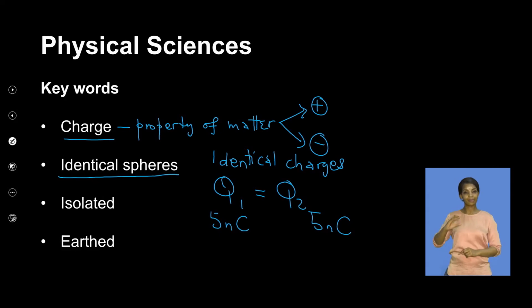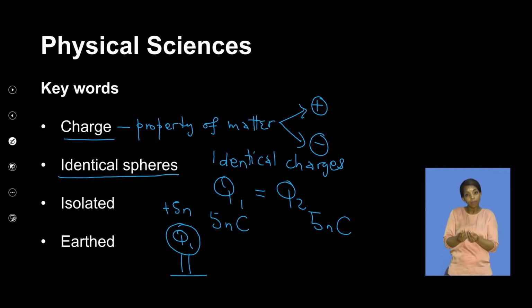But these identical charges may be on an insulated stand, okay? So let's say that's plus 5 nanocoulombs, okay? That's our Q1. So if we say this is an insulated stand, already we are talking about the physical properties of materials. We're saying that the only amount of charge that we have here is plus 5 nanocoulombs, which is carried by this sphere Q1.